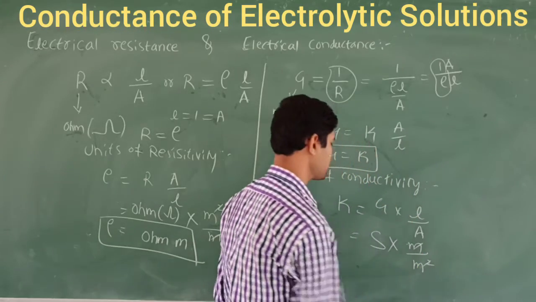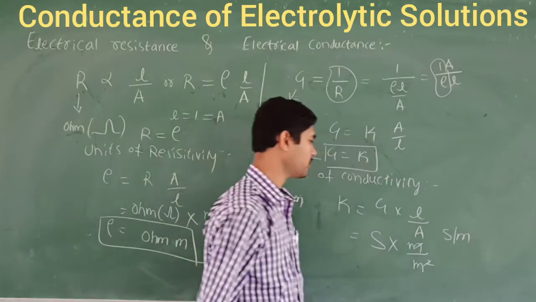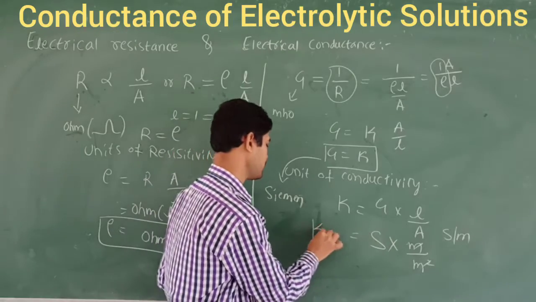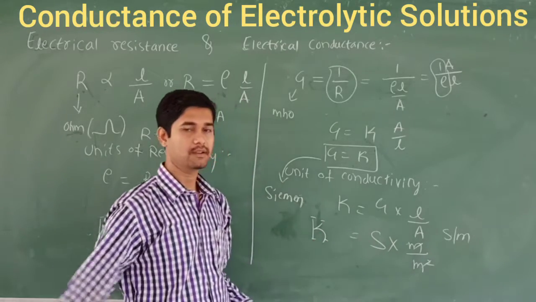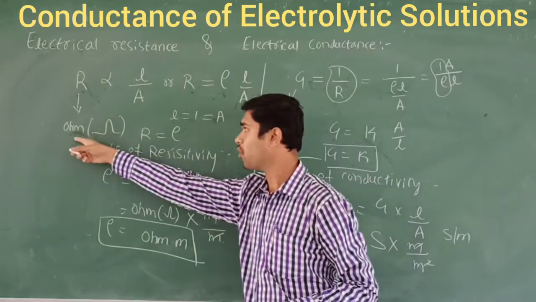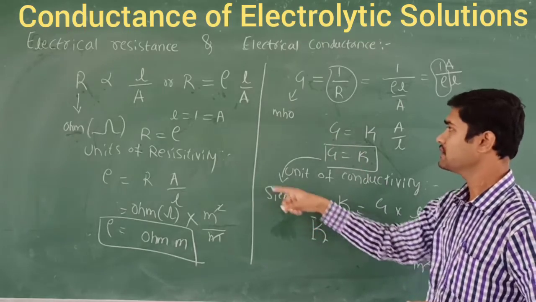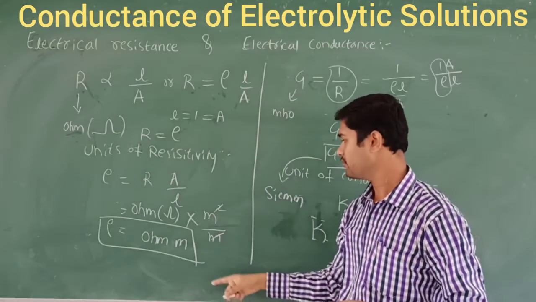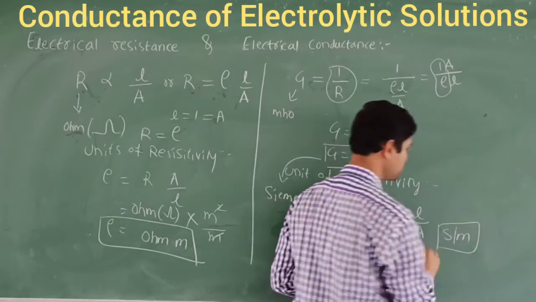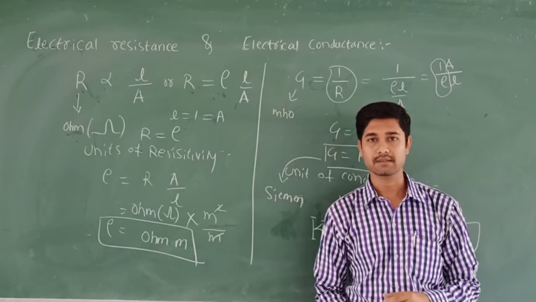So the meters cancel, and what remains is S per meter, Siemens per meter. That is the unit of the conductivity. So resistance has the unit ohm and conductance has the unit Siemens. Resistivity has the unit ohm meter, whereas conductivity has the unit Siemens per meter. So this is about electrical resistance and its conductance.